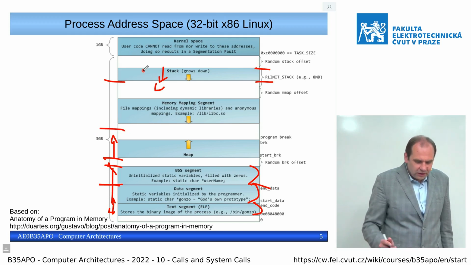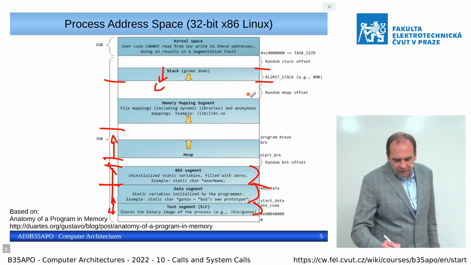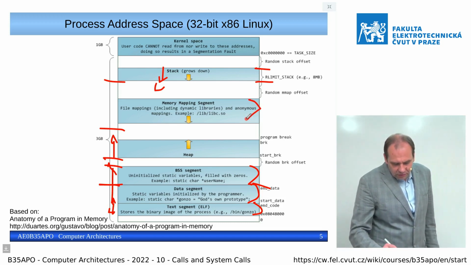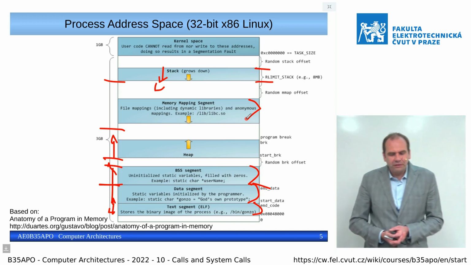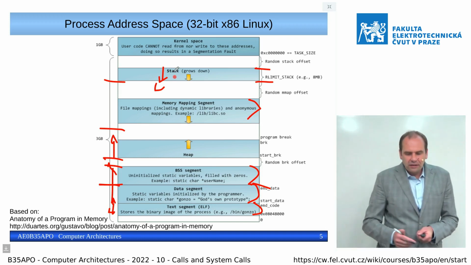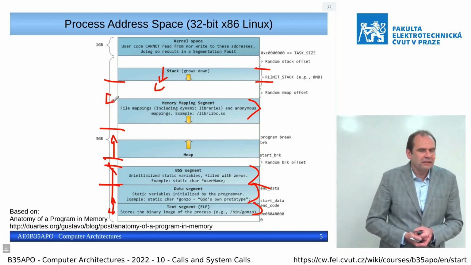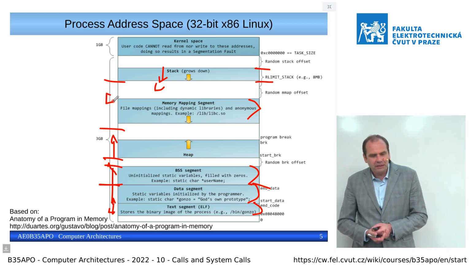So this can be a little random. And in this area are mapped even the libraries if you open them, and stack areas for the additional threads and so on. So basically it is dynamically managed.